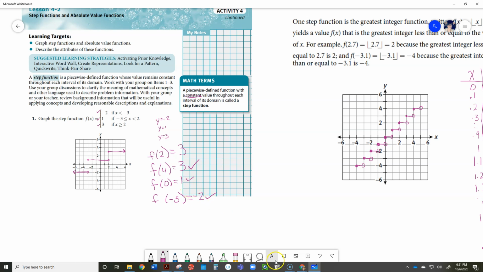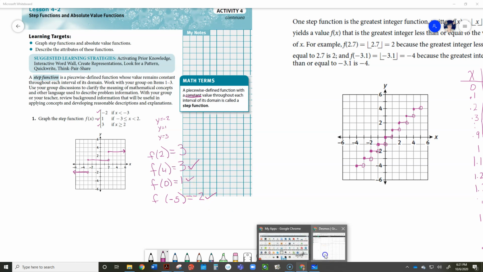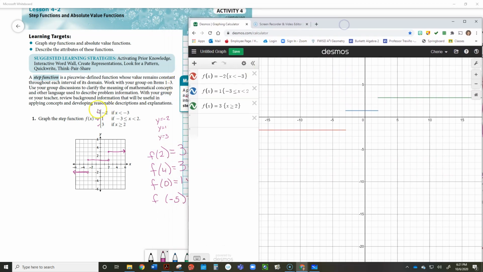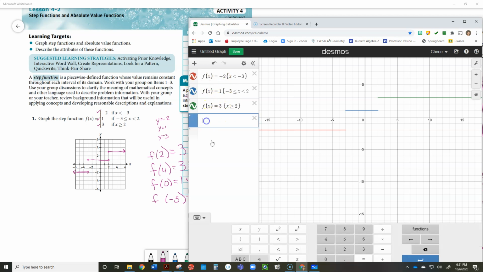Now, Desmos will do it if you know a trick. Because Desmos won't let me put all 3 of these pieces on one line, or I guess if it will, I don't know that it will. I only know how to do it like this. So when I go over here and I ask it to evaluate f of 2, all it does is give me that exclamation because it says I've got f defined in more than one place.